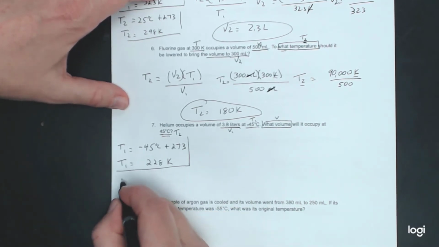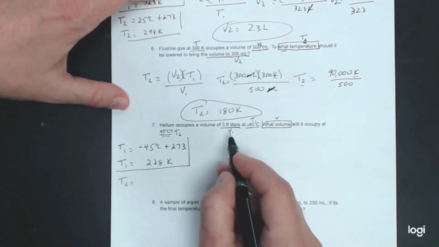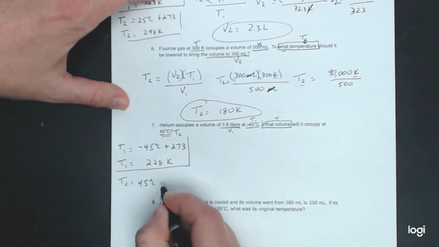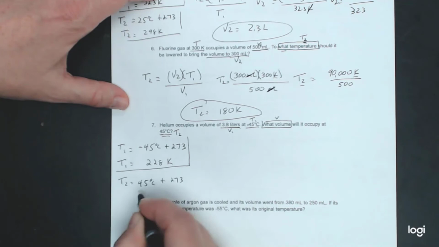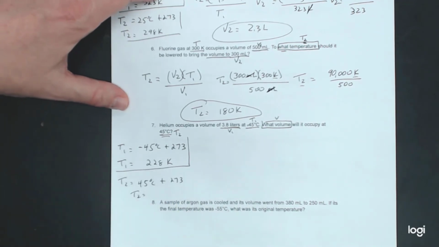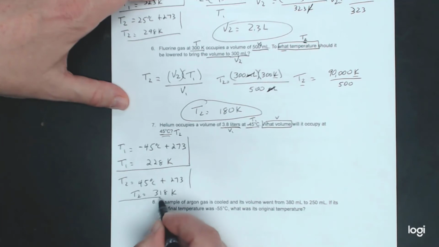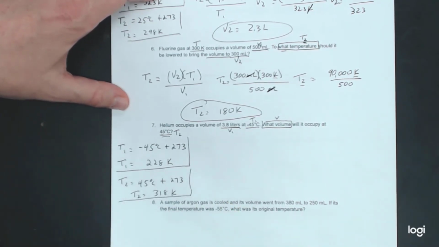As far as our T2, it is 45 degrees Celsius plus 273. So our T2, and we can do the math on that, 45 plus 273 is 318 K. Fantastic. We have both of our temperature conversions.